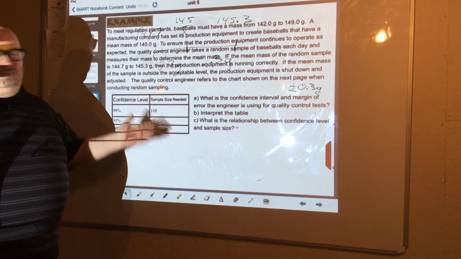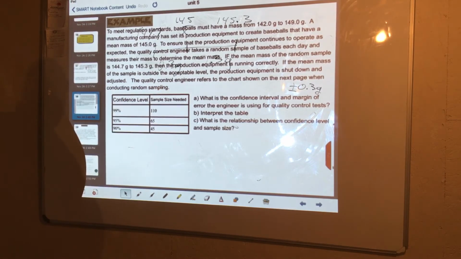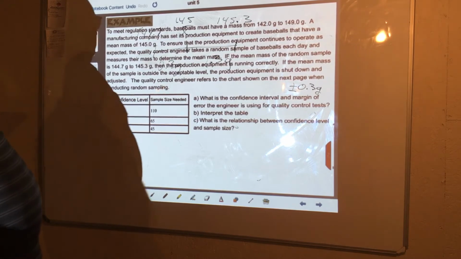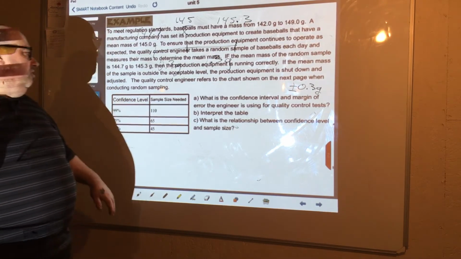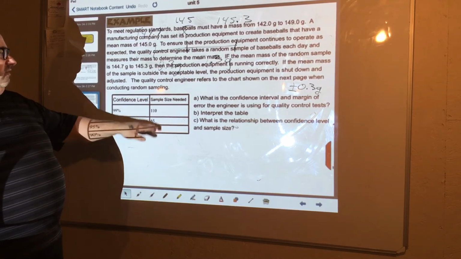What do you notice about this? It goes down like the same amount each time. Isn't it? No. What is the relationship between the confidence level and the sample size?